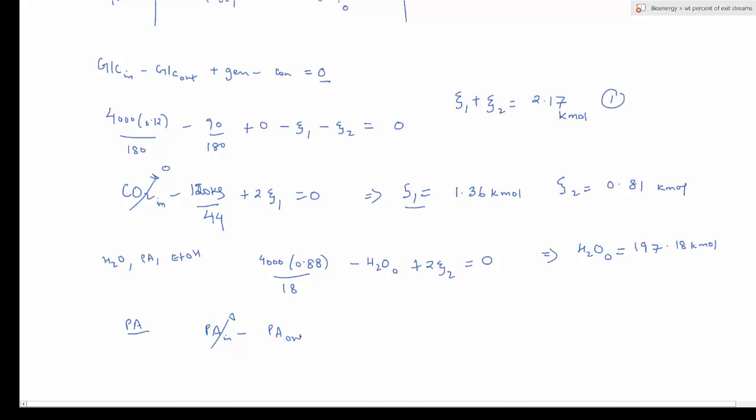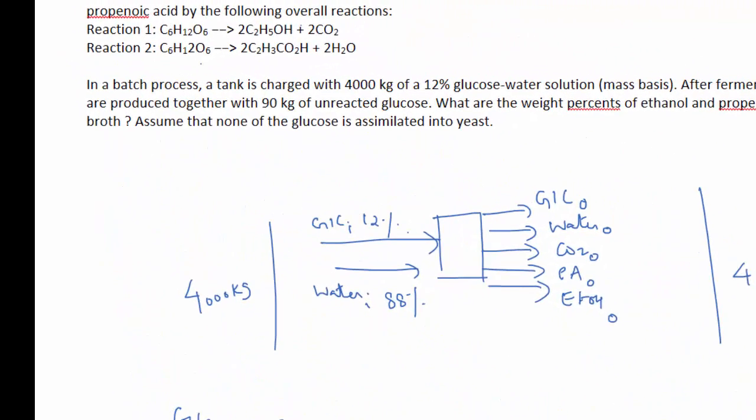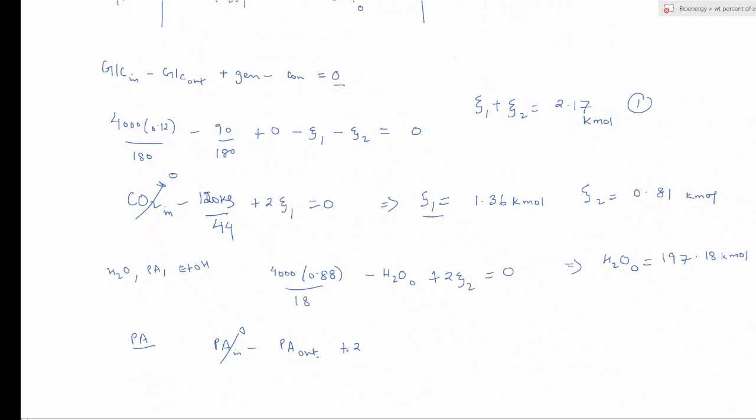Out, that's what we're going to find out. And it's been generated through the second reaction, and the stoichiometric coefficient is 2. That means 2 times the Xi2 moles would have been formed. And nothing is being consumed, and that's to be equal to 0. And finally, we've got ethanol.